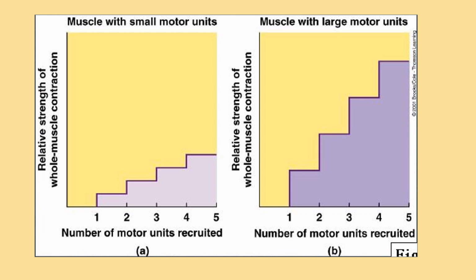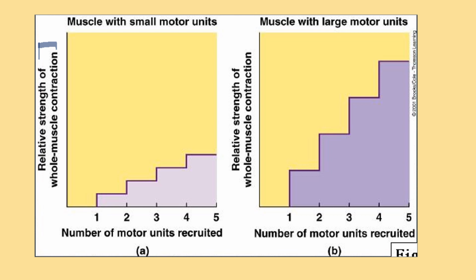So let's start off, maybe we'll pick dark blue. On the horizontal axis here, we have the relative strength of whole muscle contraction. So is the muscle contracting weakly, or is the muscle contracting at its maximum tension?